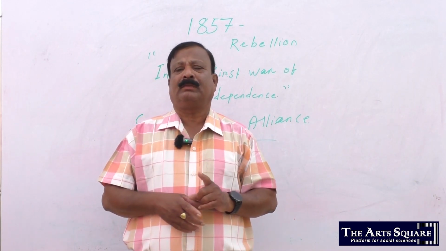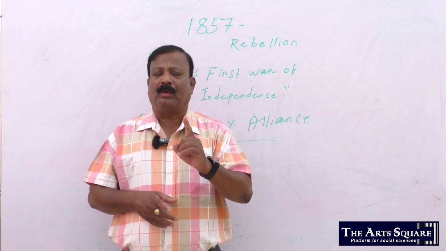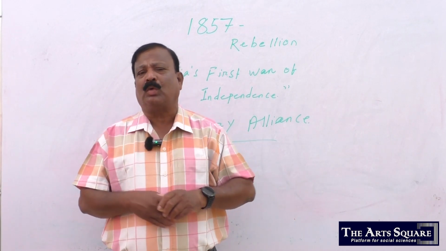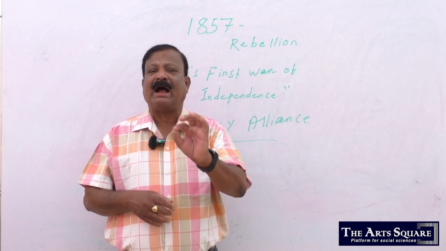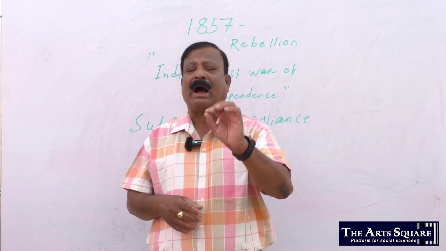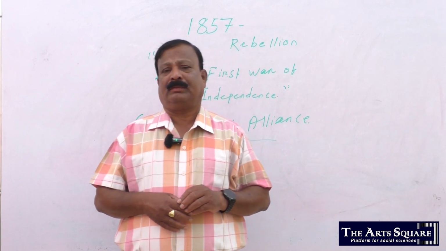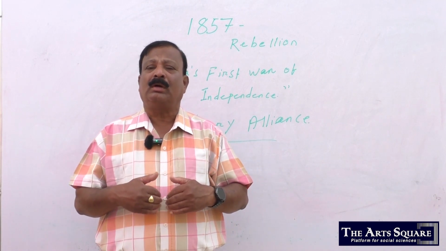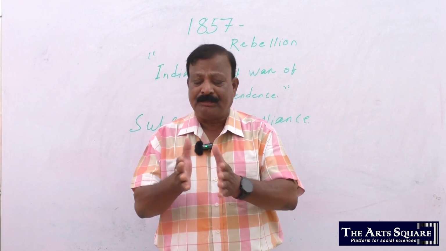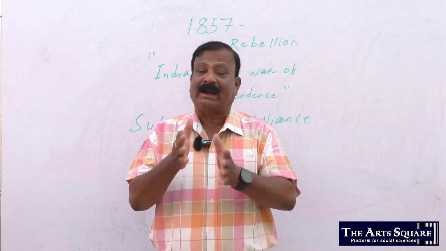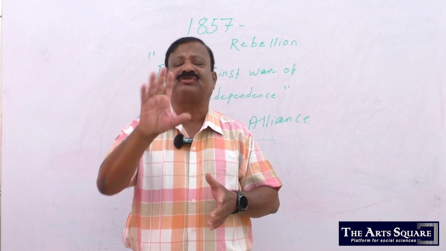First of all, number one, Lord Wellesley told the weak ruler that you have to treat us as your ruler or as your caretaker. That means you must treat us as the king of your state.